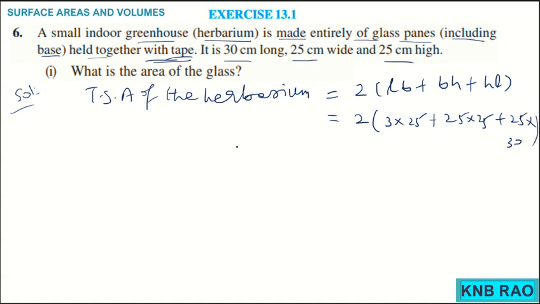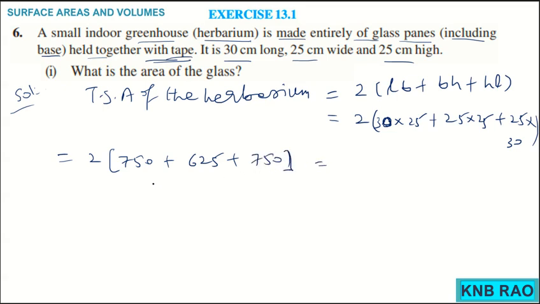So, we have 2 times of, here 30, sorry, 3 I have written. So, 30 into 25 is 750, 25 into 25 is 625, 25 into 30 is 750.